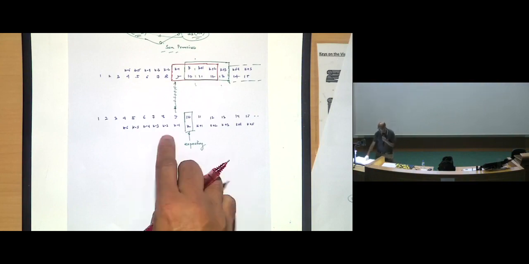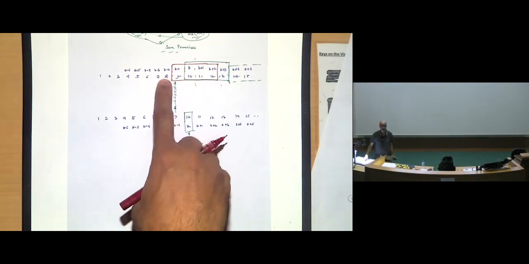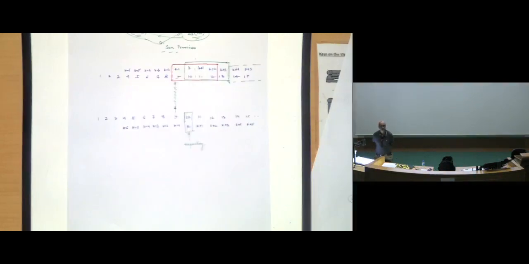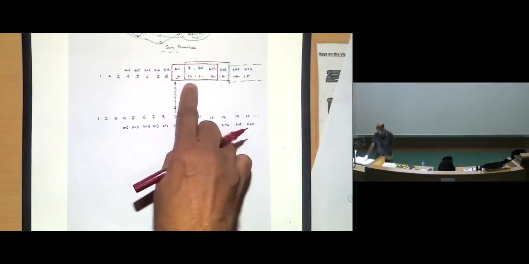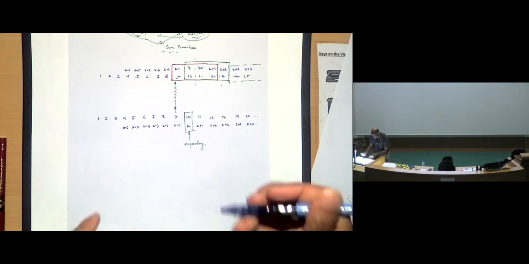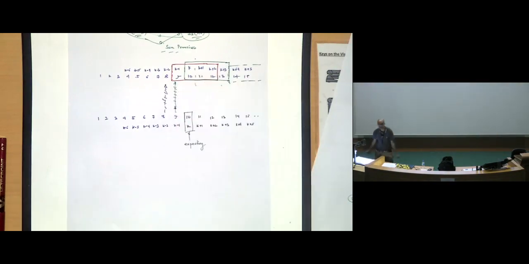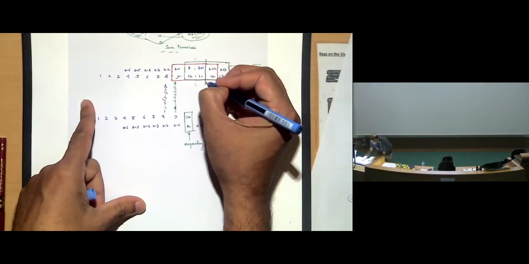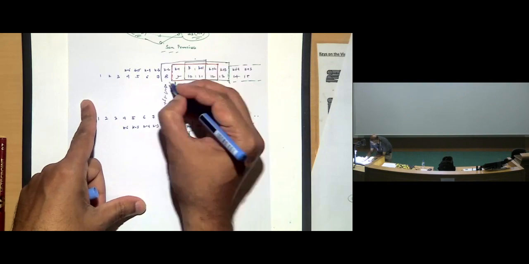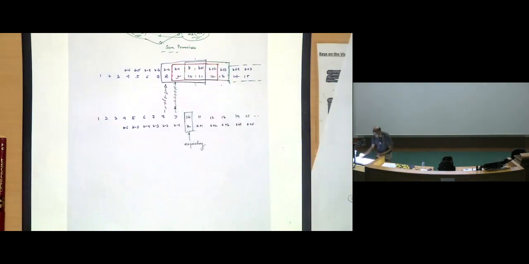Right? Maybe all the acknowledgements till k minus 2 have been received, but not beyond that. In that case, my window will be k minus 1 to k plus 2. However, it is also possible that this particular acknowledgement was never received. In that case, my window will start at k minus 2 and go up here.